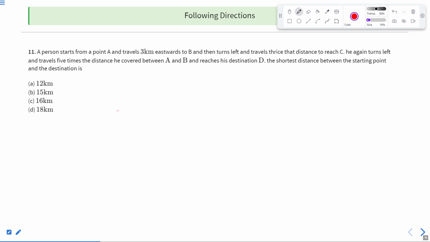A person starts at point A, 3 kilometers east to B, then turns left thrice the distance. That is 3 into 3, 9.